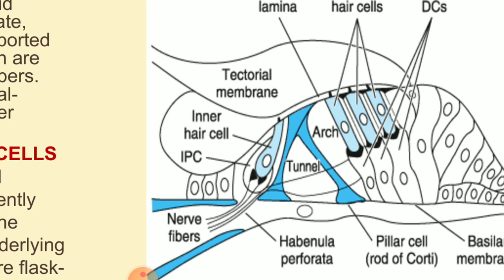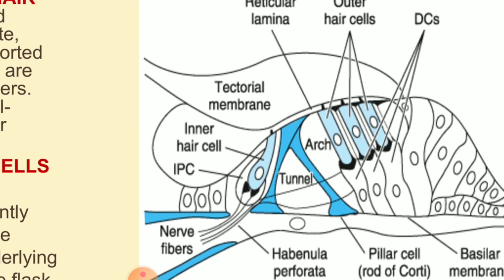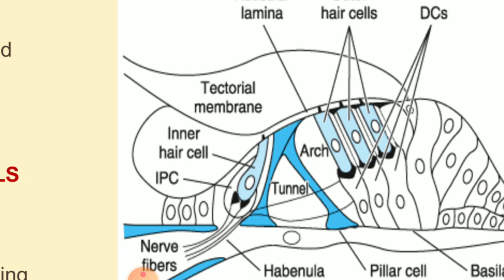For outer hair cells, the stereocilia are embedded in another gelatinous viscous membrane called tectorial membrane, which is situated just above the hair cell's top, and tectorial membrane is bound medially and free laterally, and its disposition is at an angle with the basilar membrane.